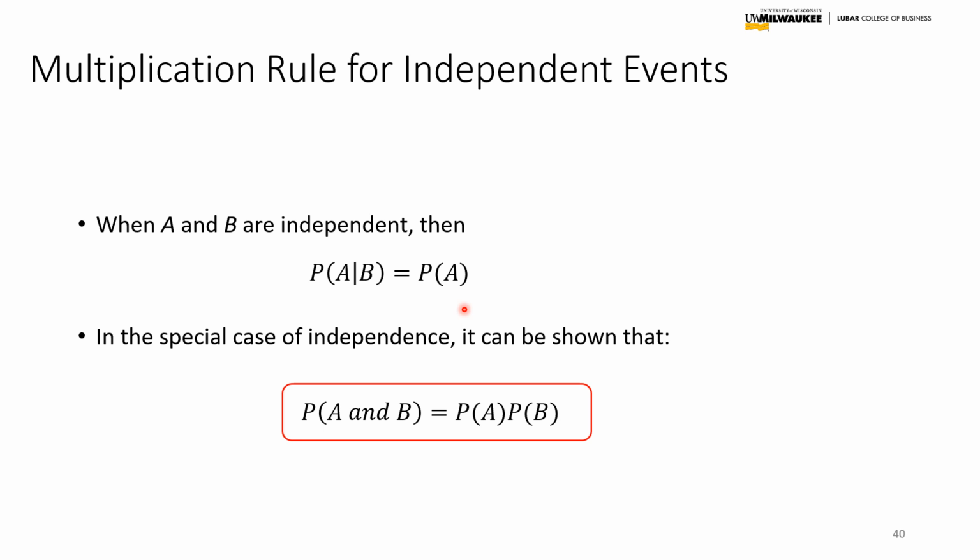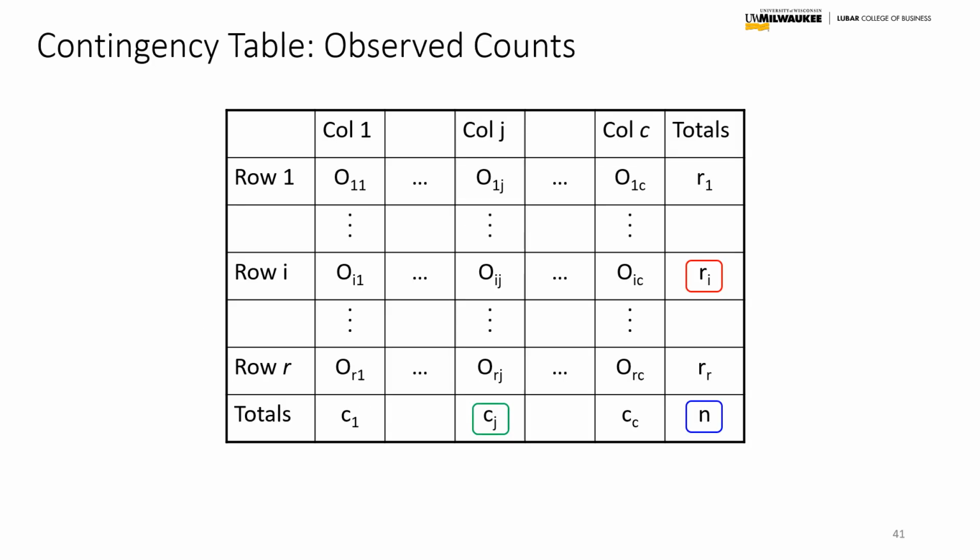Given this definition, we can show that in the special case of independence, the probability of A and B occurring equals the probability of A times the probability of B. We will leverage that fact.